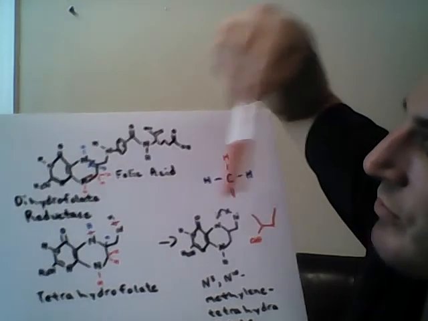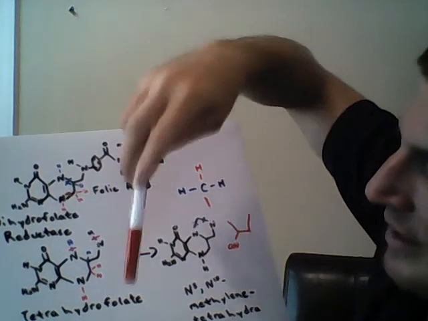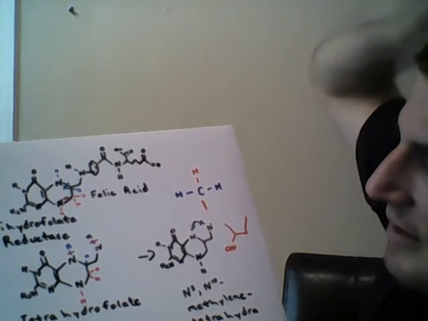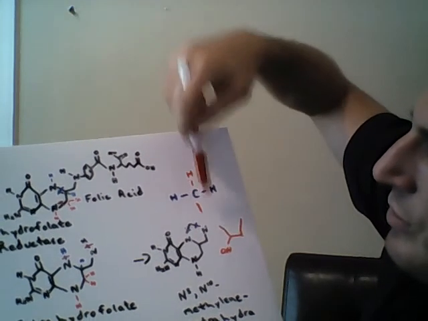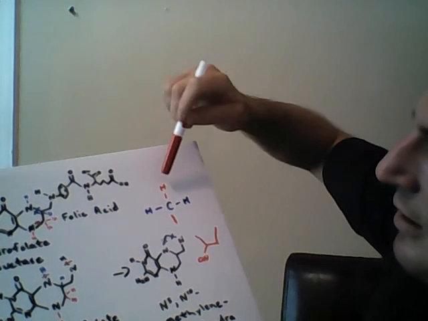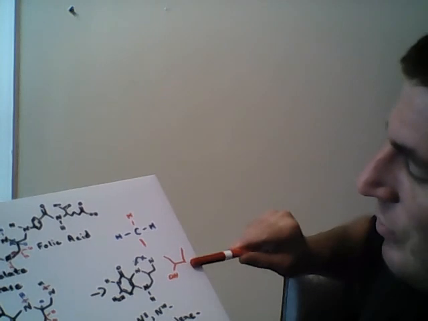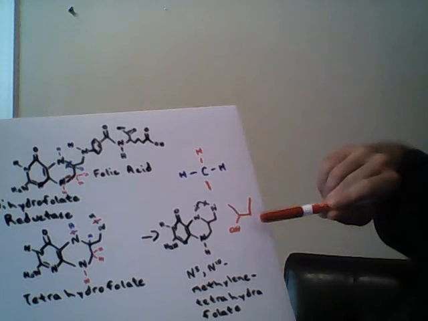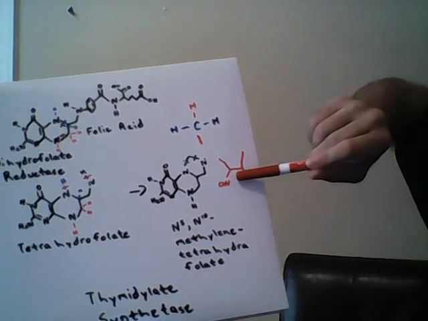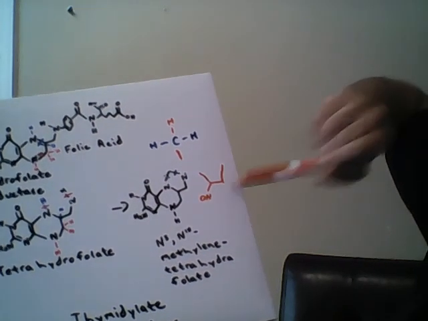So basically, just to recap here, the folic acid goes through a series of reactions, which gives a methylene group right here, and that's from thymidylate synthetase, and that'll go down to uracil, and thymidylate synthetase cuts off that hydrogen from the carbon, and that comes in there, and now it has 4 bonds, and that makes thymine, which is attached to the deoxyribose, which has only 1 alcohol group off it, off the third carbon, and not off the second.